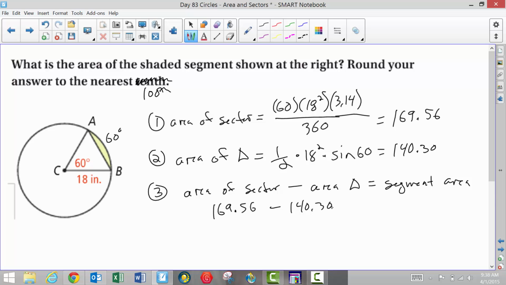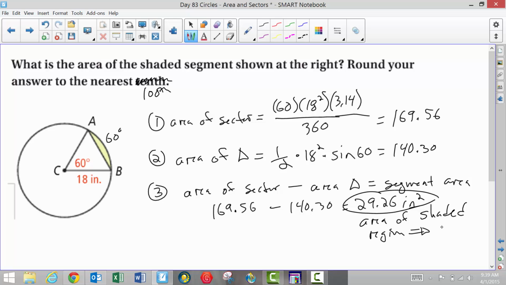I subtract them, so 169.56 minus 140.3, 29.26. So area of a segment is 29.26 inches squared. So this is my area of the shaded region, which we call the segment area.